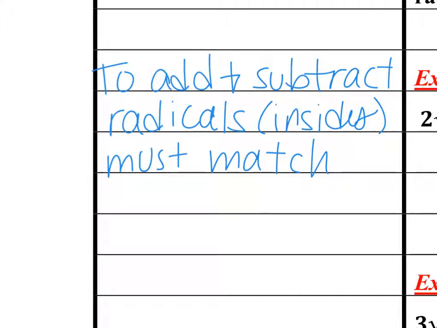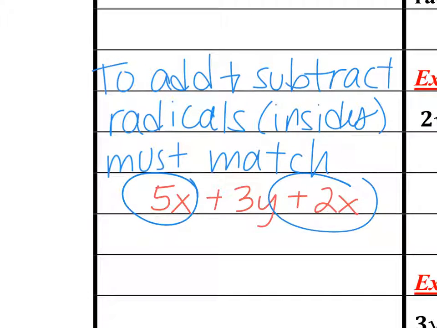So, for example, if you have 5x plus 3y plus 2x, which ones are like terms, Owen? X. The x's, right? Because their variables are the same. So the number in front doesn't matter. What matters is the thing that's after it. And so just like I can combine these because their variables are the exact same, this is 7x plus 3y.